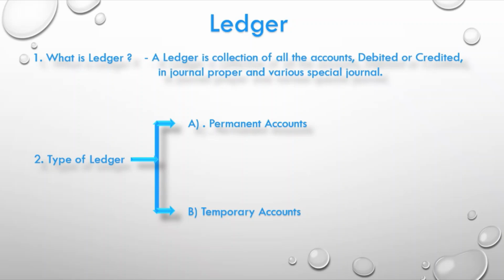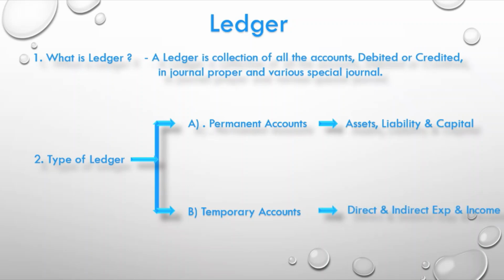So what are the terms coming under permanent accounts? Assets, liabilities and capital. These are the balance sheet items that carry their balances from one year to another year. And temporary accounts, that means direct and indirect expenses or incomes, close their balances when closing the books on the final date of the financial year.